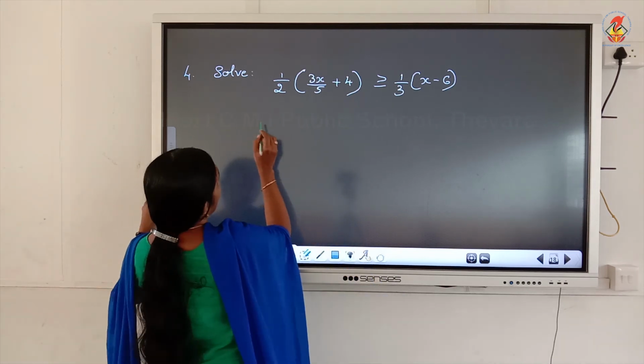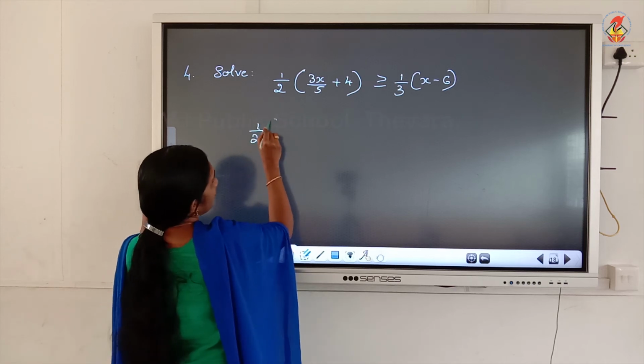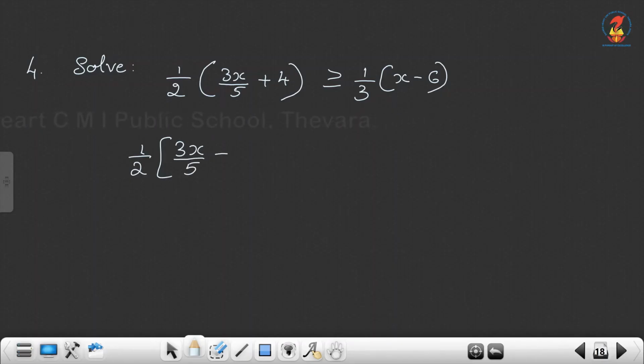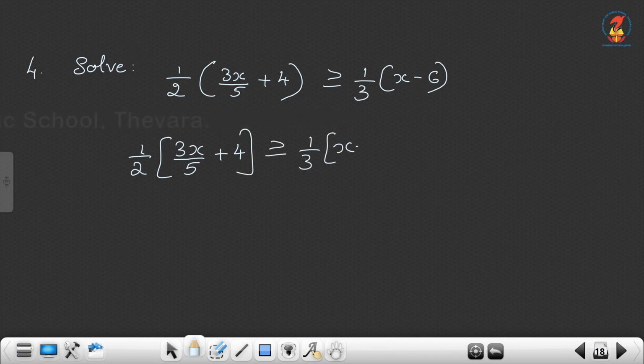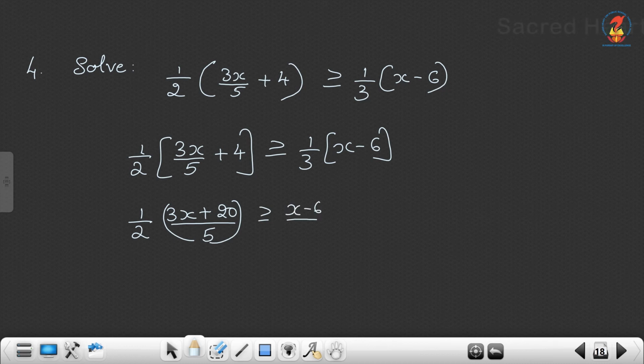Now solve this. Half into 3x by 5 plus 4 greater than or equal to 1 by 3 x minus 6. First we can simplify this bracket. So I can write 3x plus 20 by 5, into a half, so 3x plus 20 by 10, greater than or equal to x minus 6 by 3.